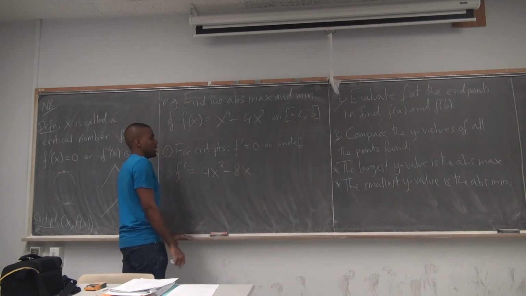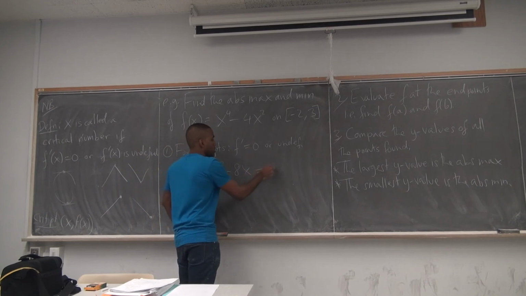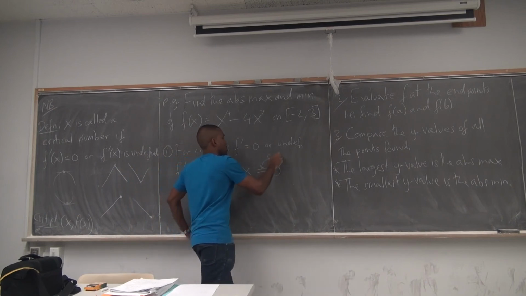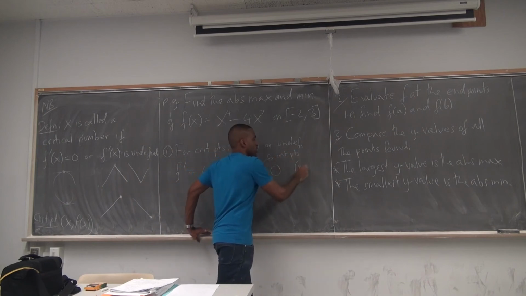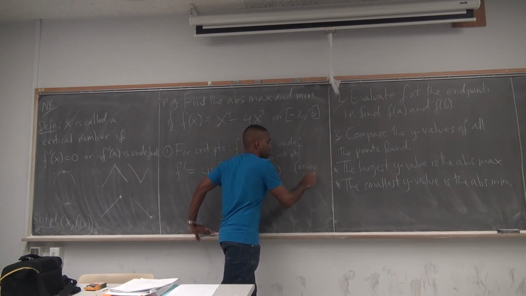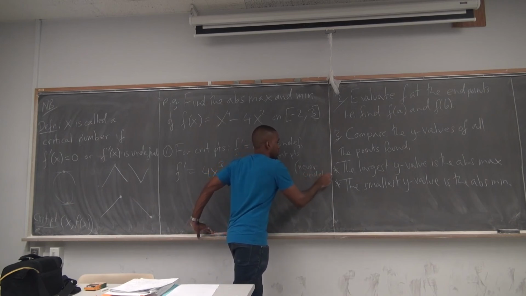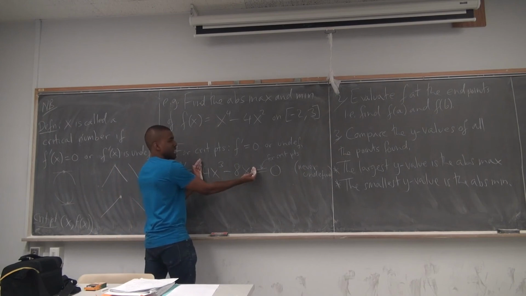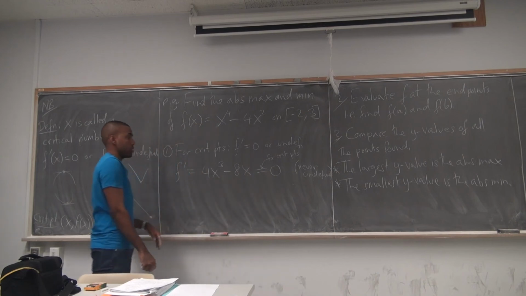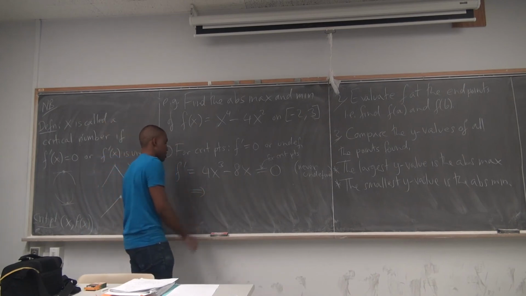Now set that equal to 0 for critical points. Notice it's never undefined because it is also a polynomial. So the derivative is this expression. It's never undefined, so I don't have to check for that. But I can set it to 0 to see if I can find x values.